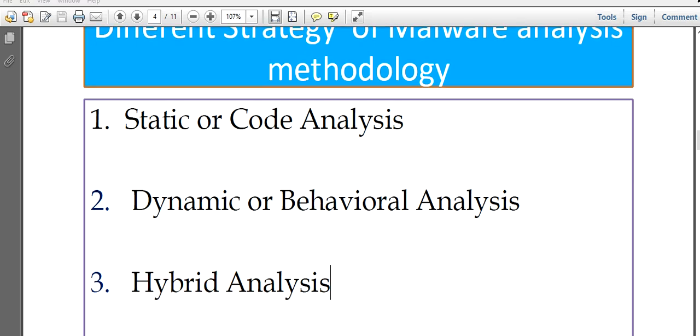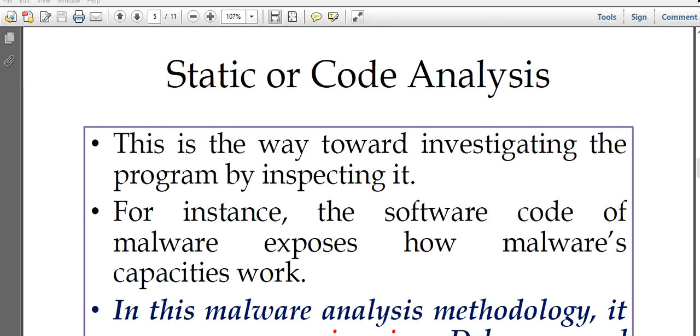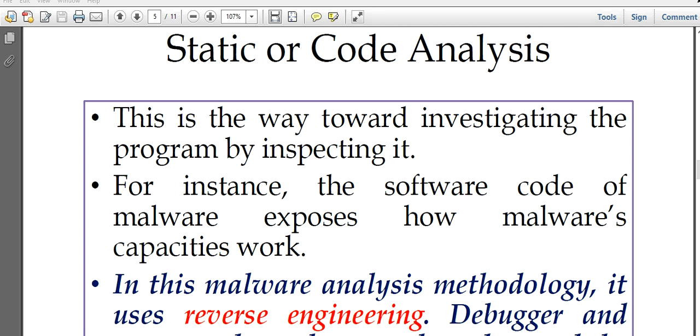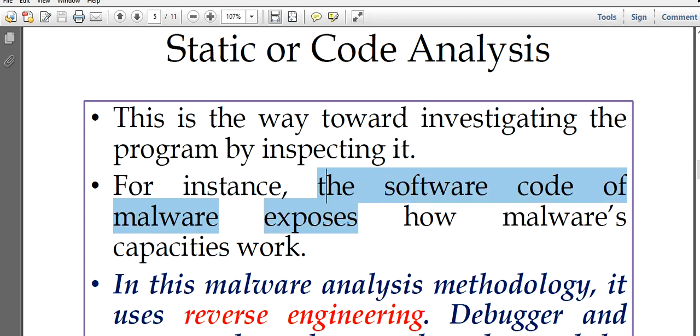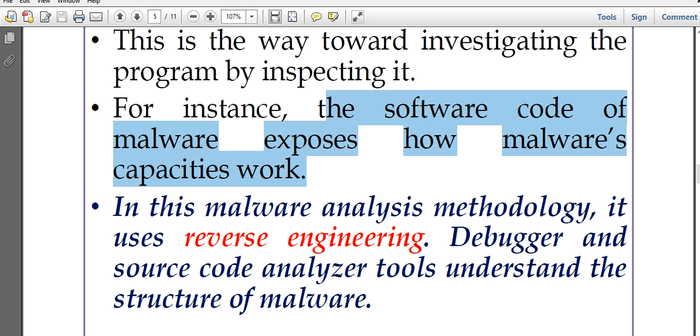First, coming to static or code analysis. Static or code analysis is the way towards investigating the program by inspecting it, to find out the particular kind of malware that has infected our systems. For instance, the software code of the malware exposes how the malware's capacities work.